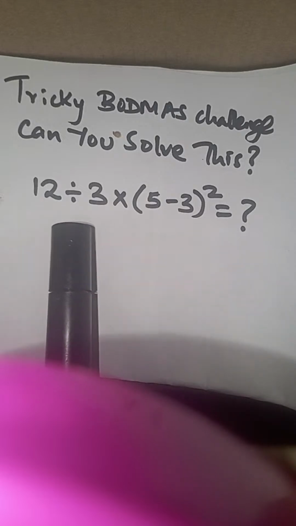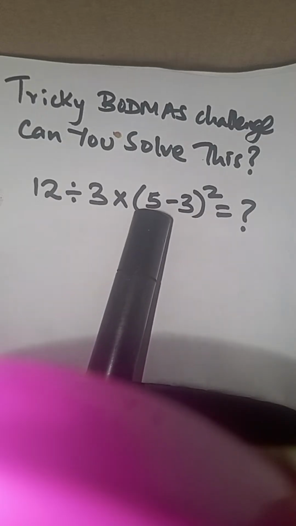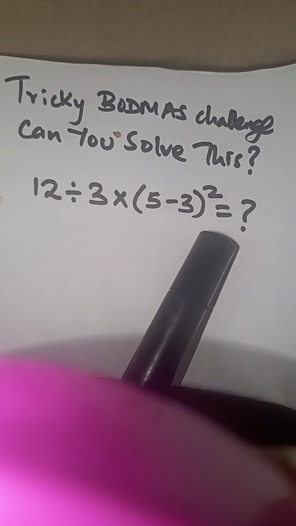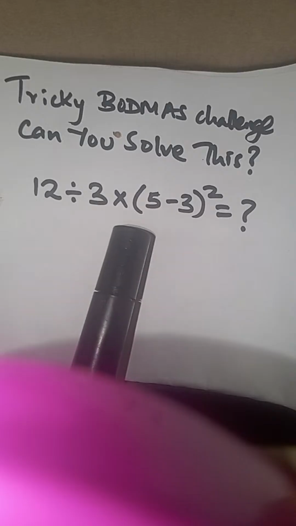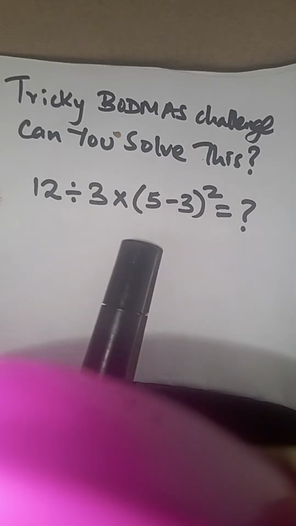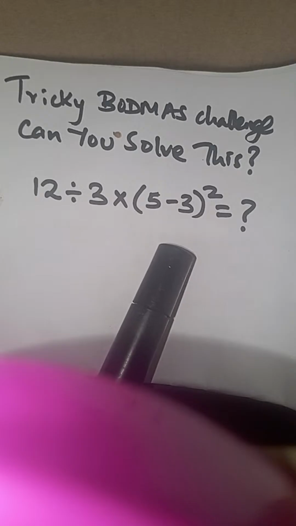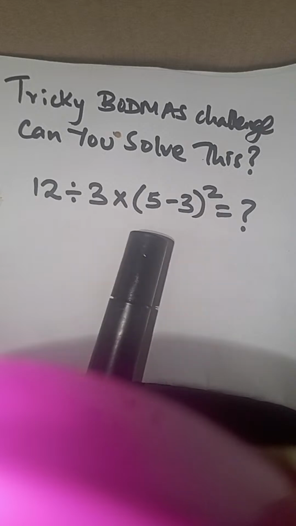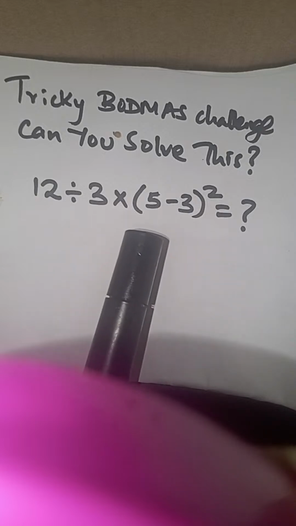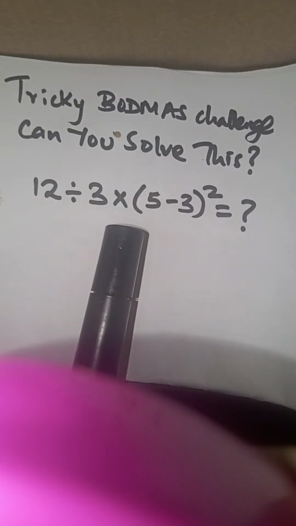So what is the solution to 12 divided by 3 times 5 minus 3 squared? Do we have an alternative solution to 1 or 16? Do we have an alternative solution to this? Kindly comment.